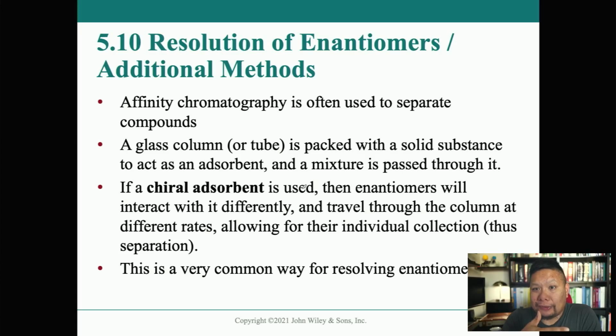When you pour your racemic mixture into the column, the enantiomer that most interacts with your column material will slow down, while the other enantiomer will flow out faster, and then you can easily separate them. So that's a very common way of resolving or separating out enantiomers.